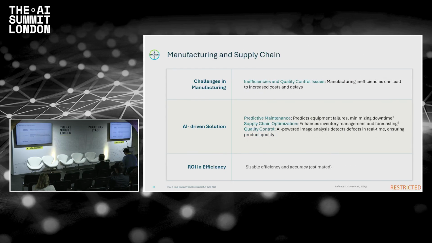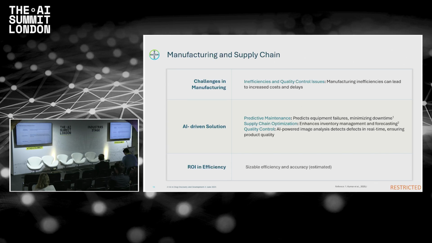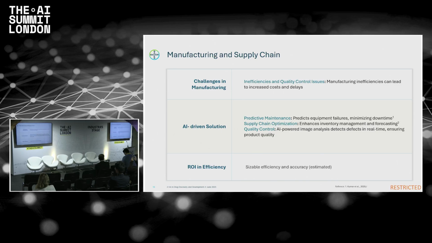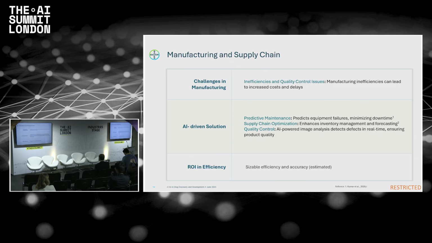Manufacturing and supply chain. I think all of you were aware during COVID that there was a huge issue across the globe in terms of the supply chain. So it is very important that we learn from that lesson.